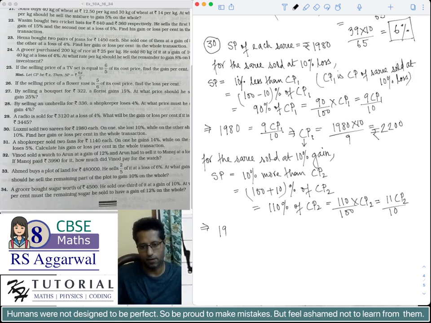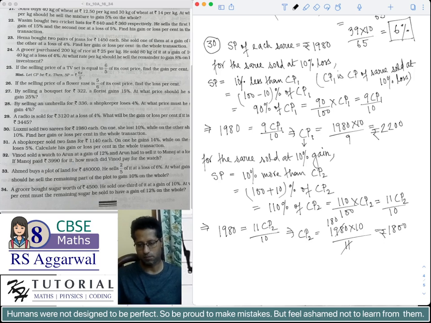So we have 1980 is equal to 11 CP2 by 10. This implies CP2 is equal to 1980 multiplied by 10 divided by 11, which is equal to 1800. So the cost price of the sari which was sold at 10% gain is 1800.